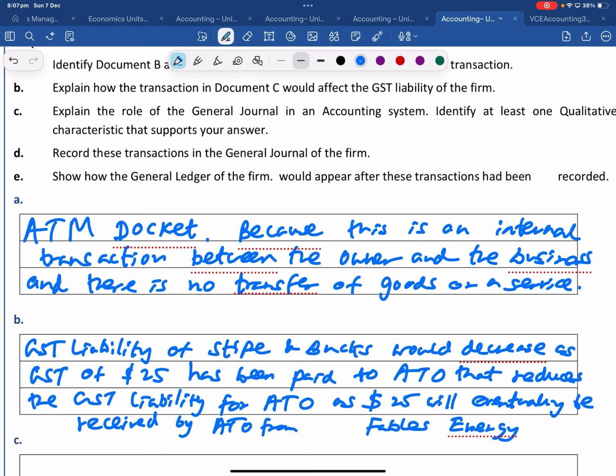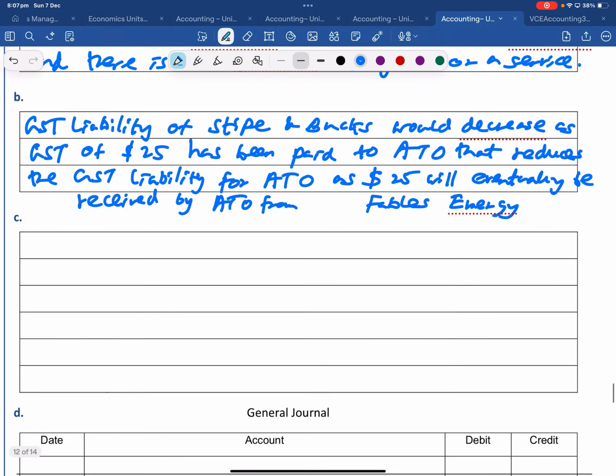An explanation along with the source document reference. So verifiability and also faithful representation. Faithful is correct because it provides accurate information, free from material errors and bias. Yes, neutral. So we'll write it, guys.